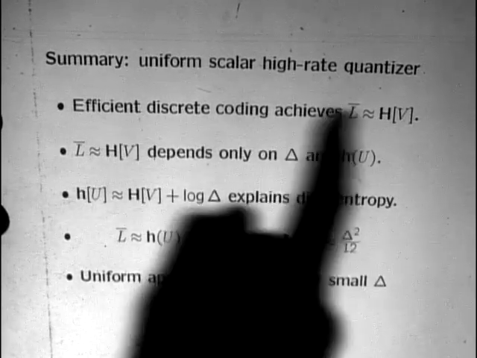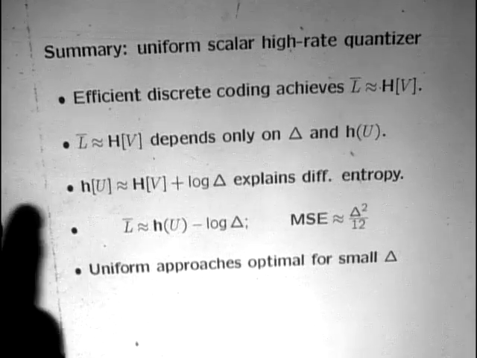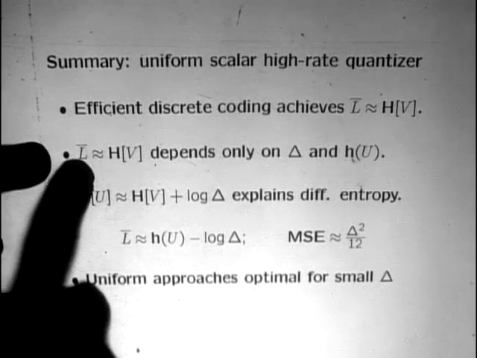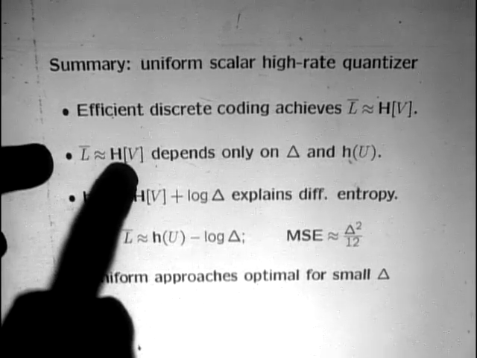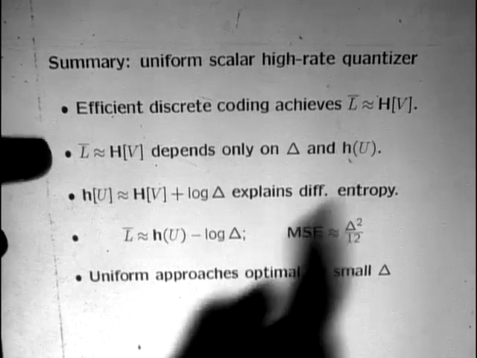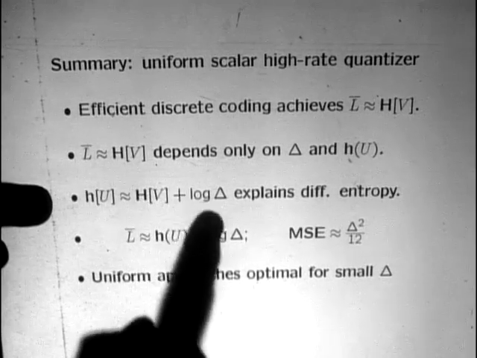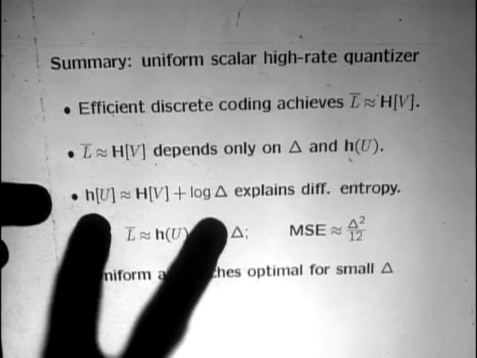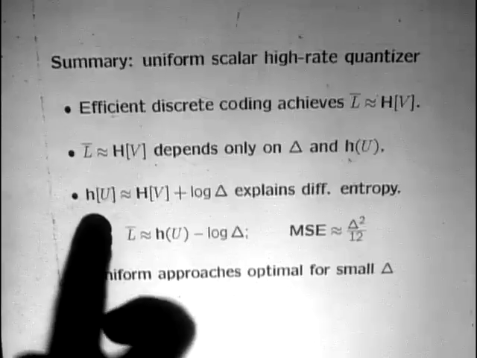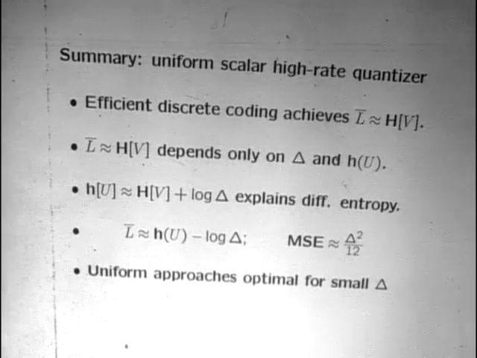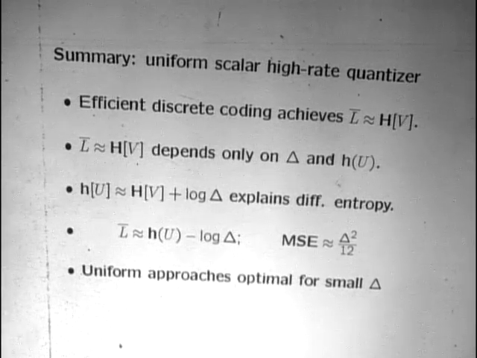That's the result that we had before. This quantity h of v depends only on delta and h of u. Namely, h of u is equal to h of v plus log delta. So in other words, analytically, the only thing you have to worry about is what is this differential entropy. You can't interpret what it is, but you can calculate it.